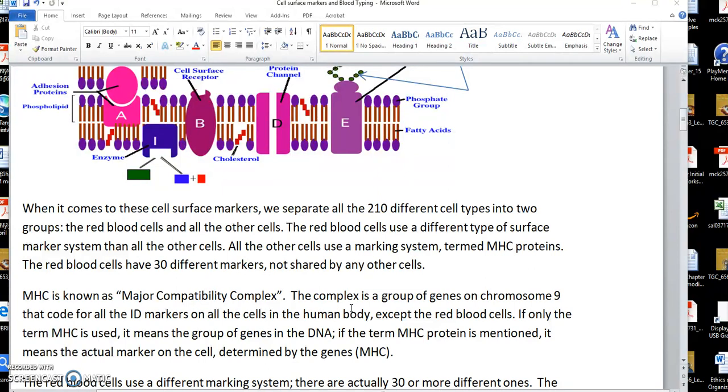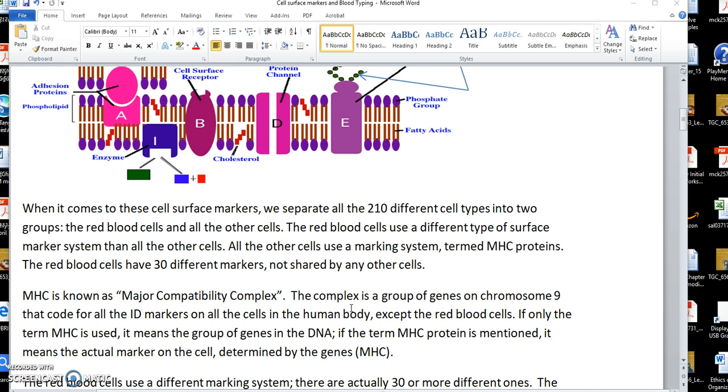Okay, the major histocompatibility complex, the term by itself, means the set of genes responsible for putting the flags on. So when you say major histocompatibility complex by itself, it means the set of genes in the DNA.